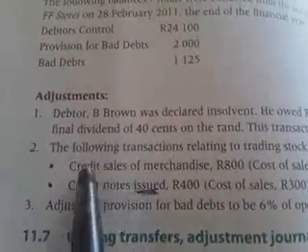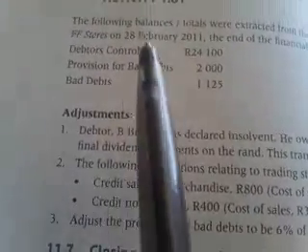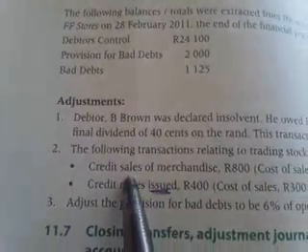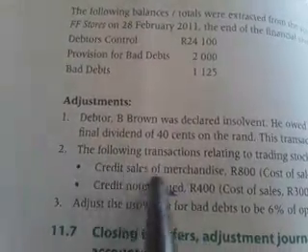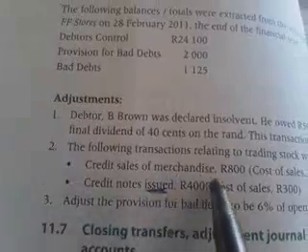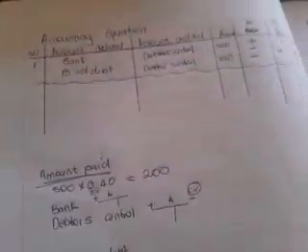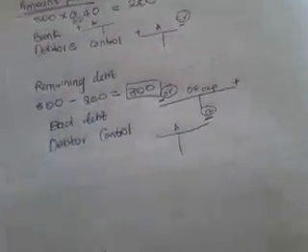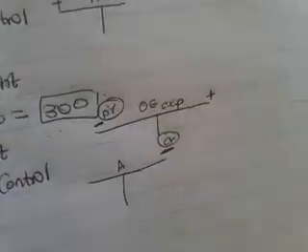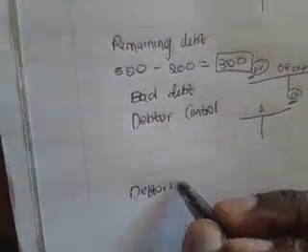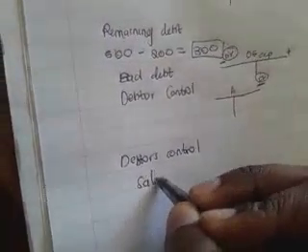So credit sales. Remember, for us to incur bad debts, it's because we sold on credit, right? So since we sold on credit, this is going to affect our debtors control. When we sold on credit, which accounts are affected? Not 2 accounts, but 4 accounts were affected. So we have our debtors control, as well as our sales.